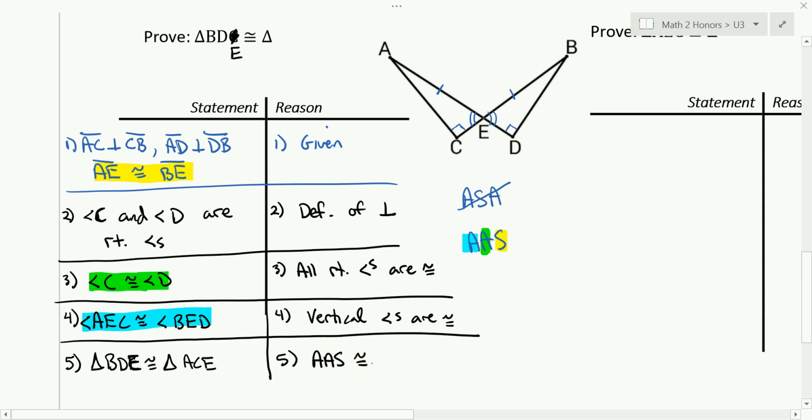And now the last piece is what steps are relying on what steps? So step 5 relies on what steps? 1, 3, and 4. Okay. Does step 2 rely on anything? Yeah, step 1. Does step 3 rely on anything? Step 2. Does step 4 rely on anything? No. Step 4 comes straight from the picture.